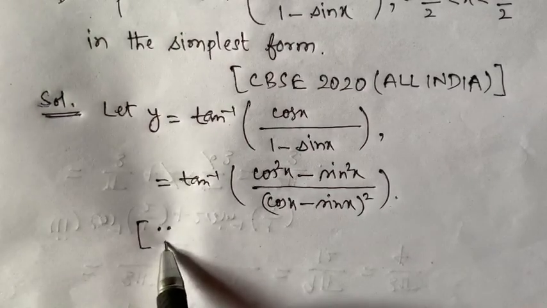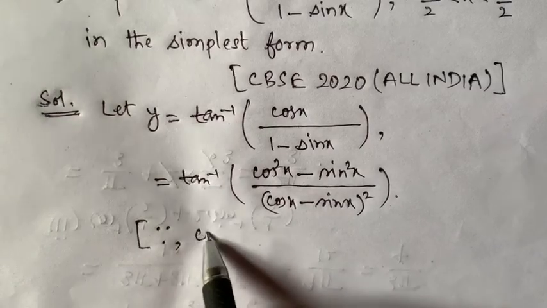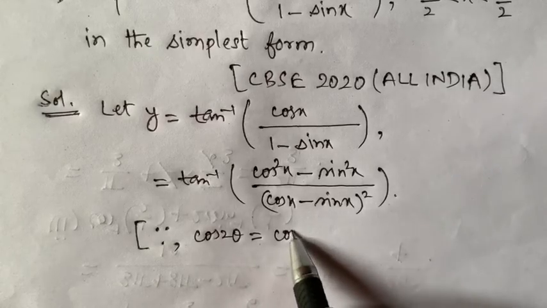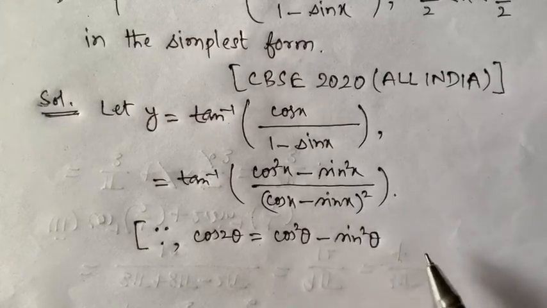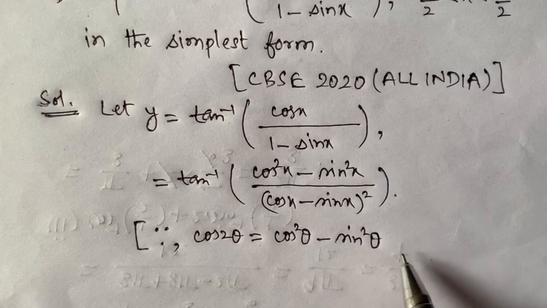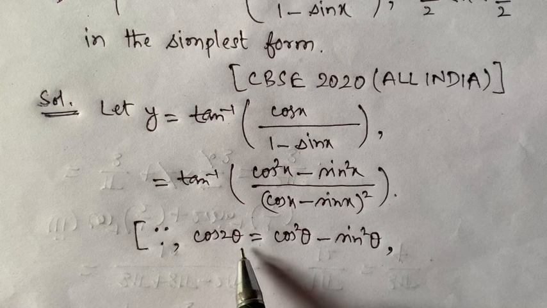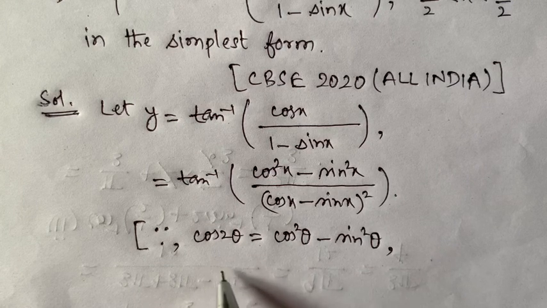We will write here, since actually we have used cos 2 theta formula here. Formula for cos 2 theta is cos square theta minus sin square theta, and when we replace theta by x by 2, we will get the formula for cos x.